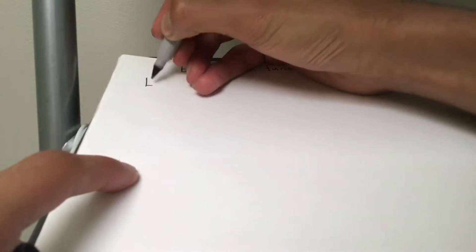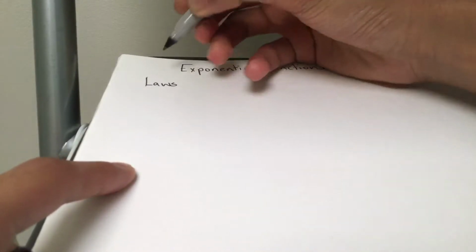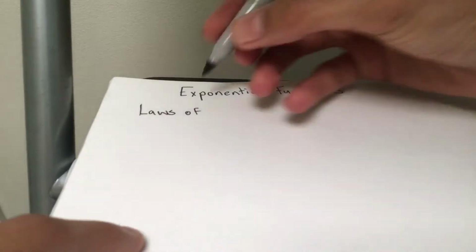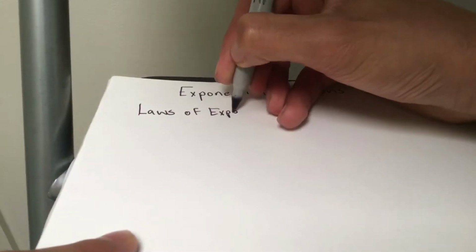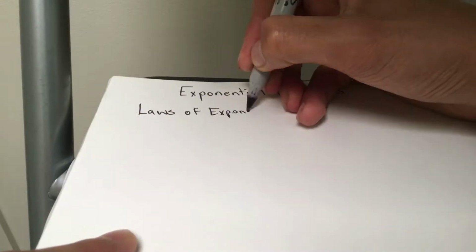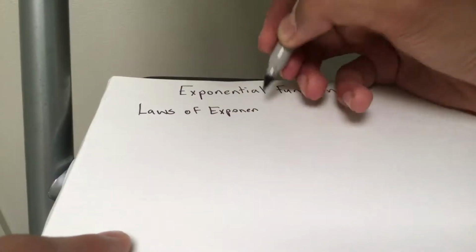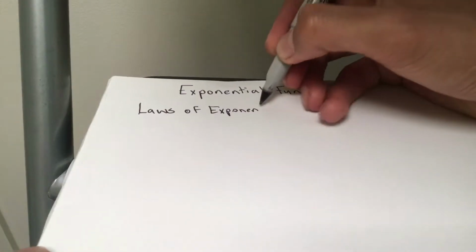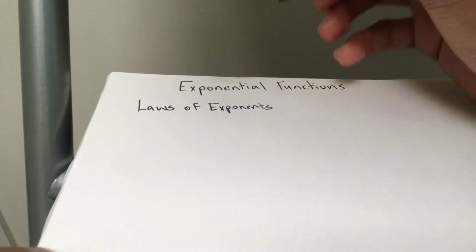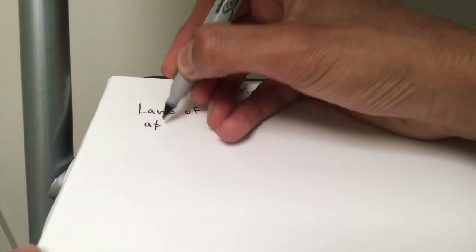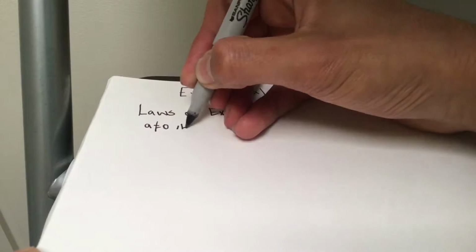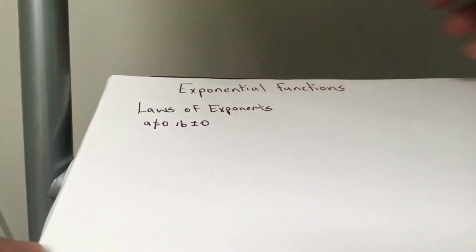Okay, so I'm going to write down the laws of exponents. So we need to write that A does not equal 0, and B does not equal 0.